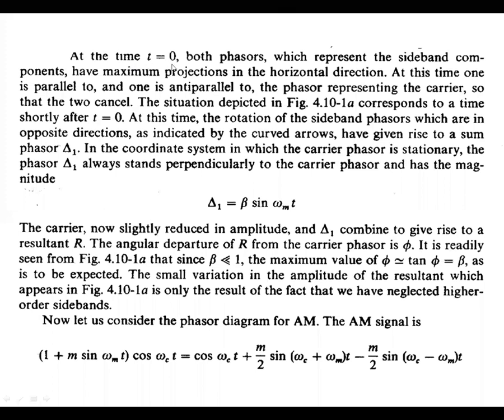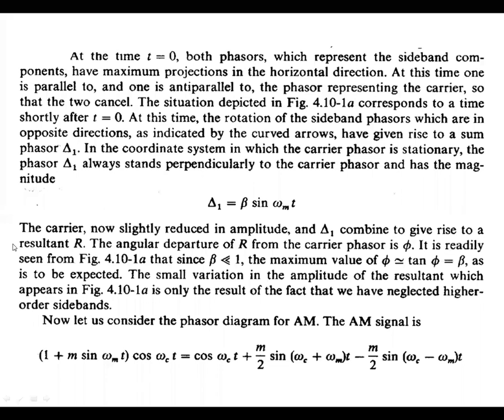At the time t equal to 0, both phasors which represent the sideband components have maximum projection in the horizontal direction only. At this time, one is parallel and one is anti-parallel to the phasor representation of the carrier. When one is in the counterclockwise direction and another in the clockwise direction, the two are cancelled.